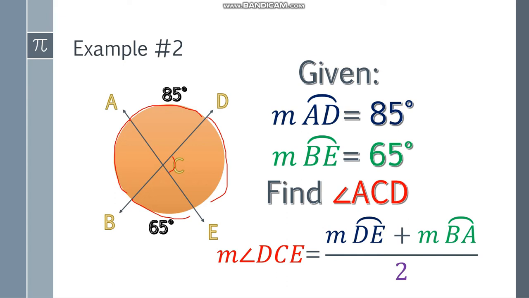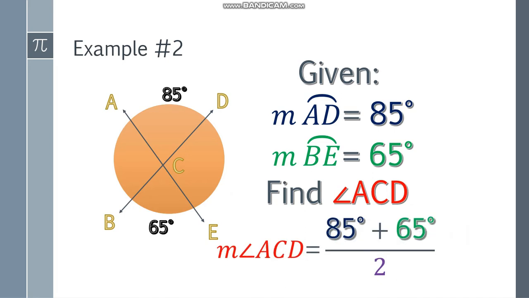So we're going to change the formula. To find the measure of angle ACD, that will be this arc plus this arc, and the answer to that one, you have to divide it by 2. So let's substitute the values. First, we have 85 degrees here, and the next one, we have 65 degrees here.